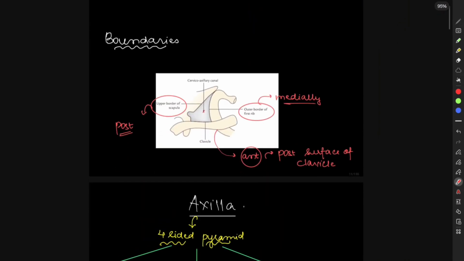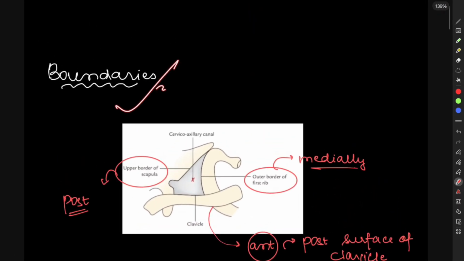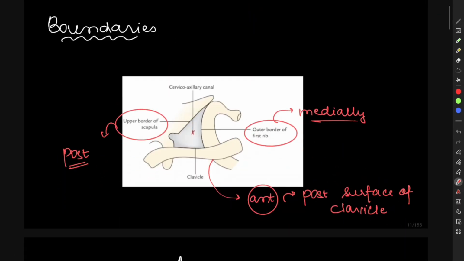Okay. Now, talking about the boundaries of the axilla, this is the apex region. So, medially it is bounded by the outer border of the first rib, anteriorly by the clavicle, whereas posteriorly the scapula.